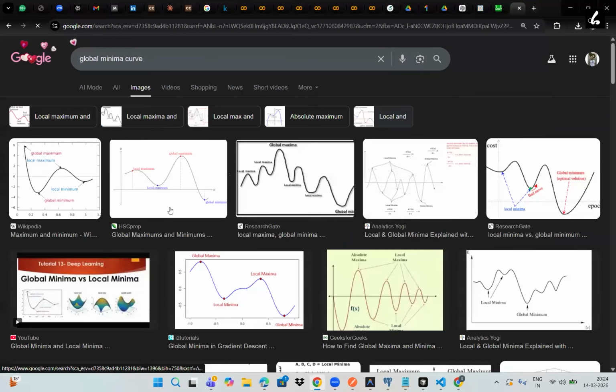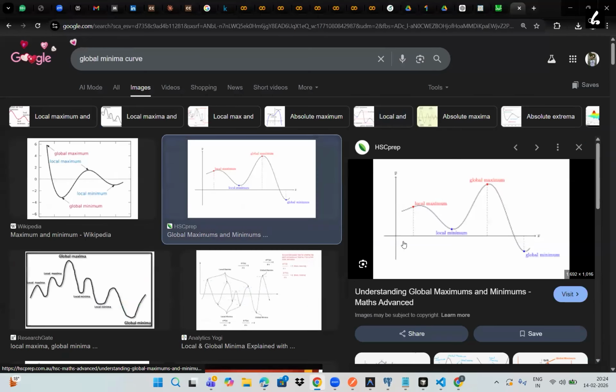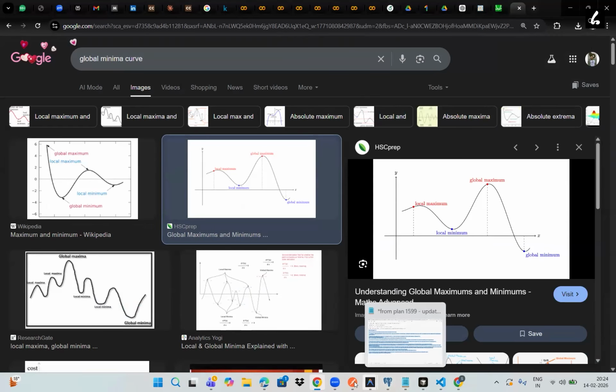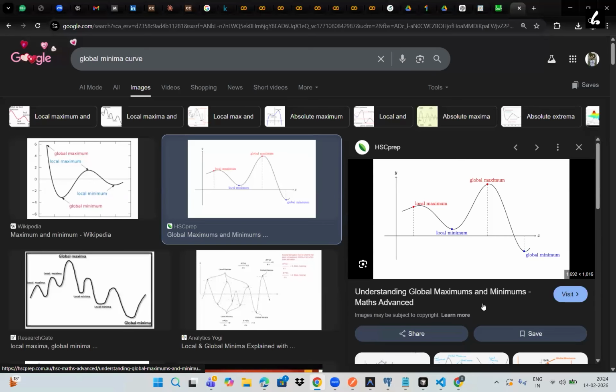If we have a look over here, let's say this is the nonlinear relationship, and this is the global minima. Suppose the minima was here, and the training loss was something here.